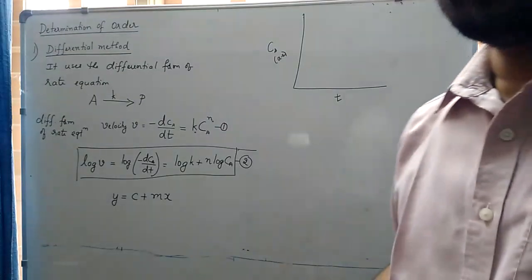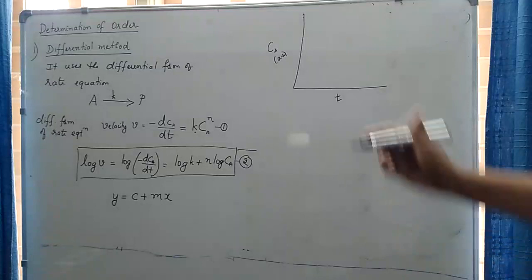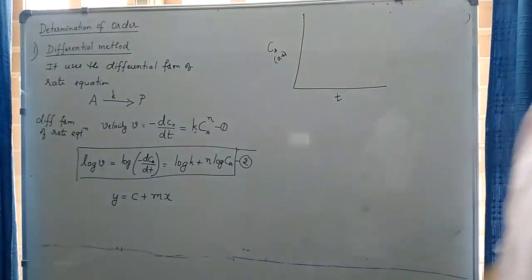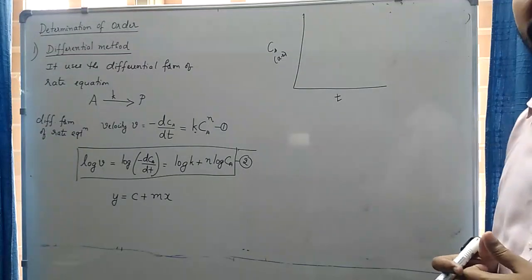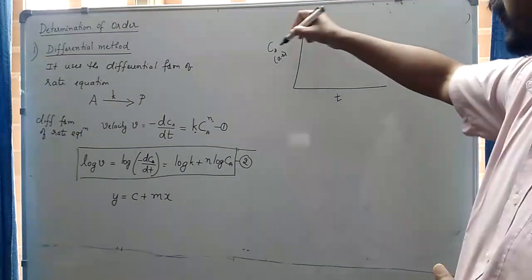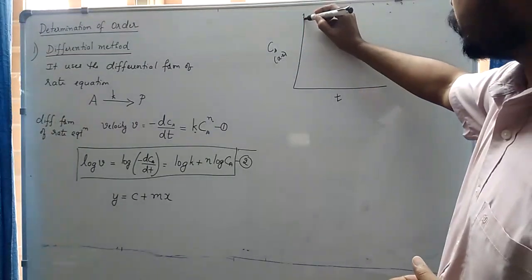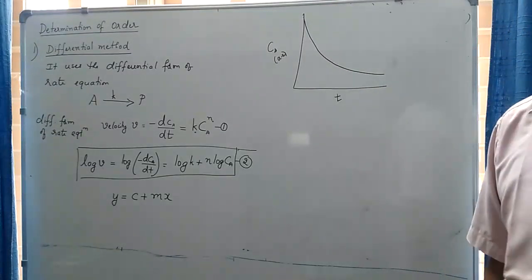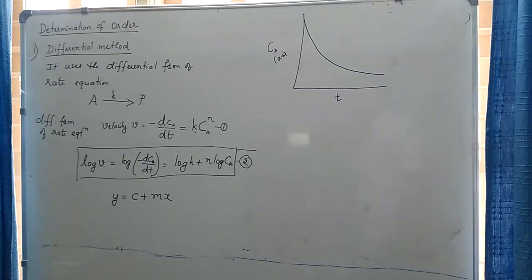So experimentally, by any one of these methods, you can find out the concentration of the reactant at different time intervals. Then we plot a graph of concentration of the reactant versus time t, and we all know that the concentration of the reactant decreases with respect to time.